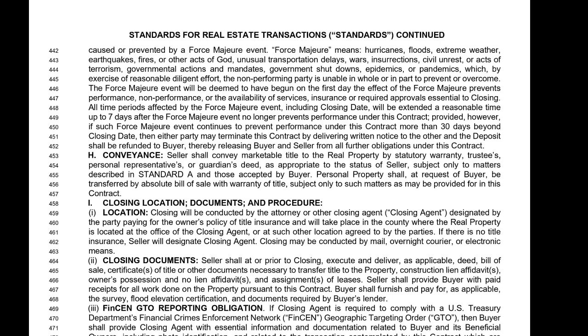Conveyance, closing location. So the closing should happen in the county that the property is located in. So this is where you can be a bit shrewd, because, and we're a perfect example of this, our title company is located currently in Osceola County.